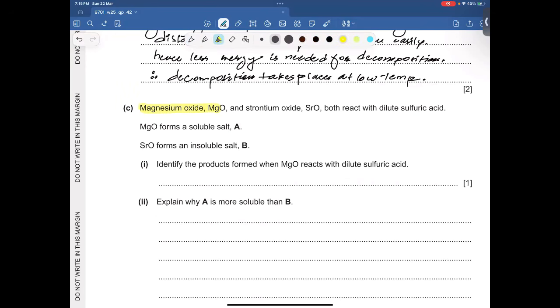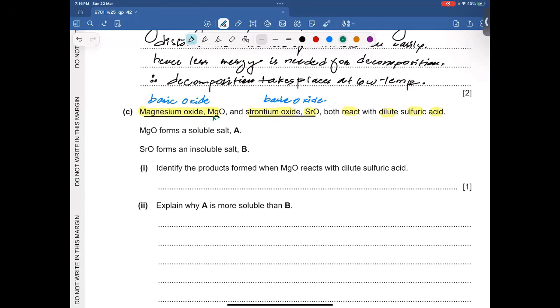Magnesium oxide and strontium oxide both react with dilute sulfuric acid because both of them are basic oxides. So let me write the equation. So this is magnesium oxide.